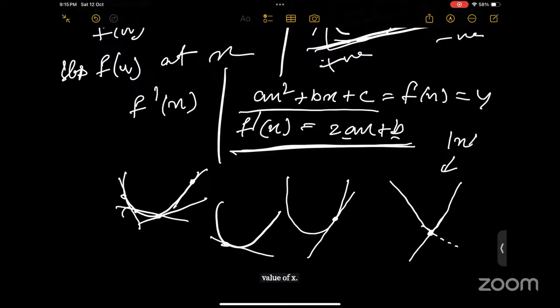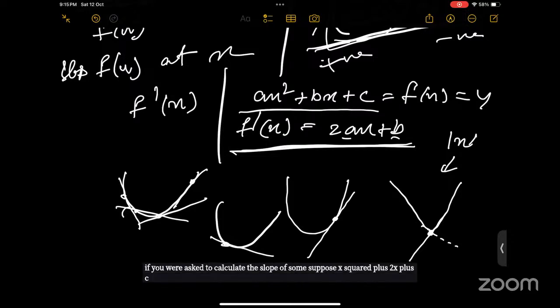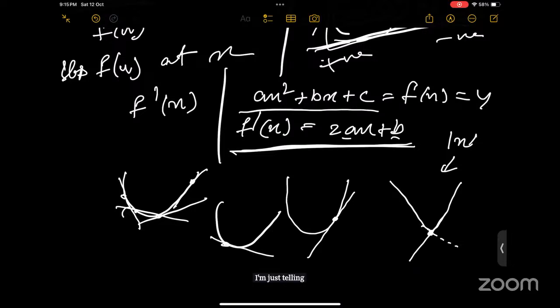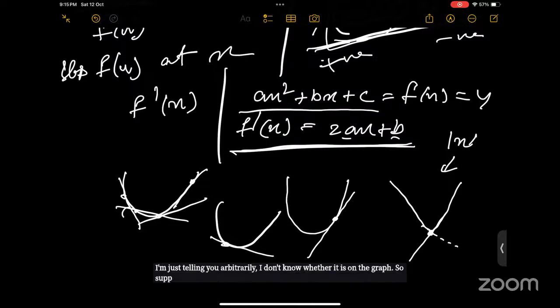If you were asked to calculate the slope of, suppose, x square plus 2x plus c at some point 2, I'm just telling you arbitrarily, I don't know whether it is on the graph. Suppose at some point 2, then we will calculate the equation of the slope, and then we will put 2 instead of x, so we can calculate the value at that point.